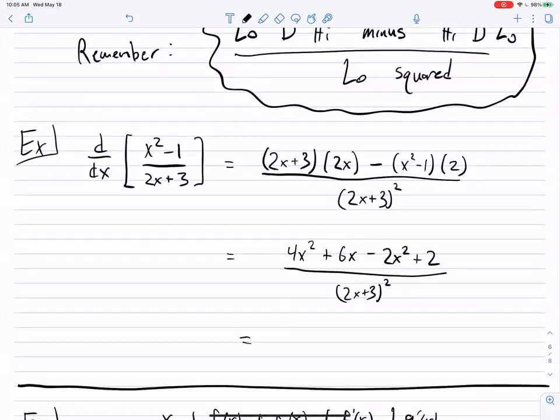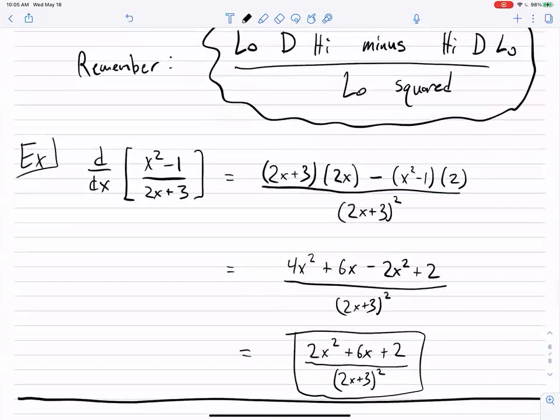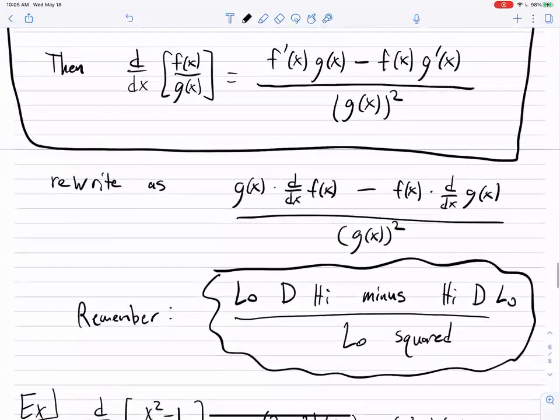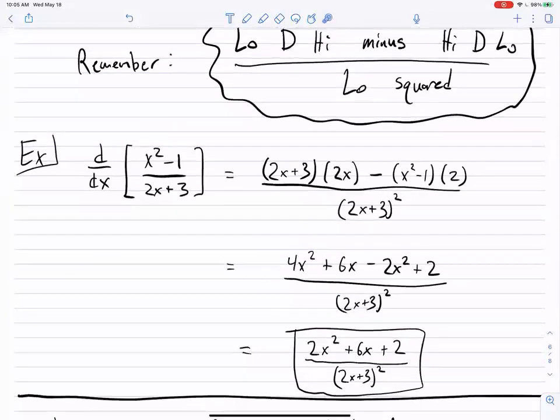It looks like it's going to be 2x squared plus 6x plus 2 all over 2x plus 3 squared. That will be the simplified answer. And so that's the quotient rule. It's just plugging into this formula, taking the derivatives and plugging them in. It's not too complicated.